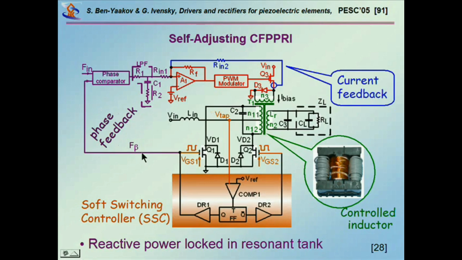So the switching frequency will follow the input frequency. It will follow it by changing this inductance so that the resonant circuit will be exactly the frequency that you want. This automatically follows it.